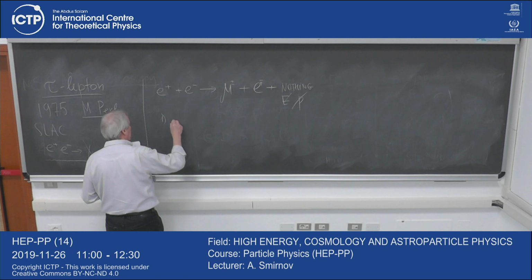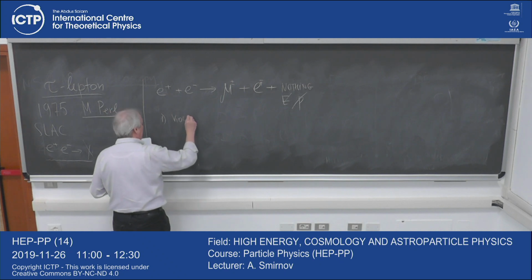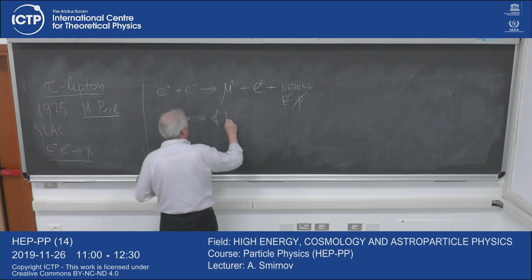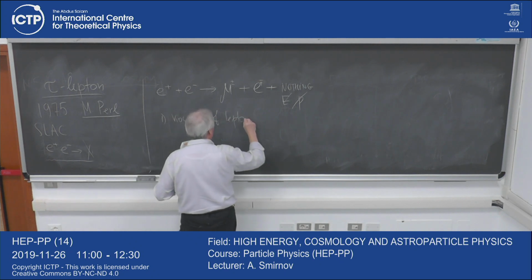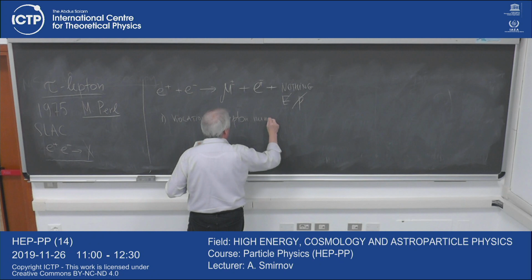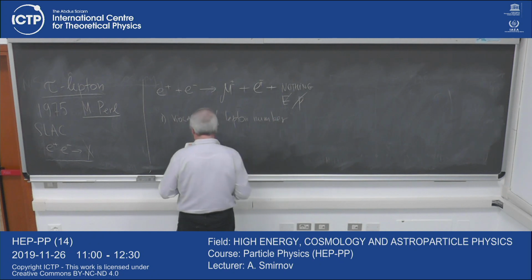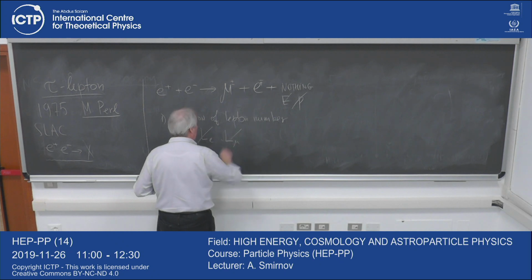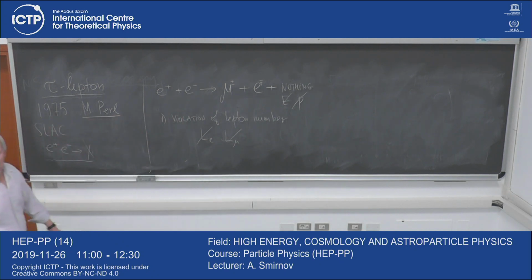So what are the properties? Both L_e and L_mu are violated in these processes. Why not include neutrinos?